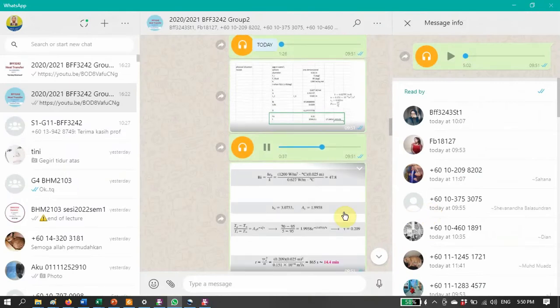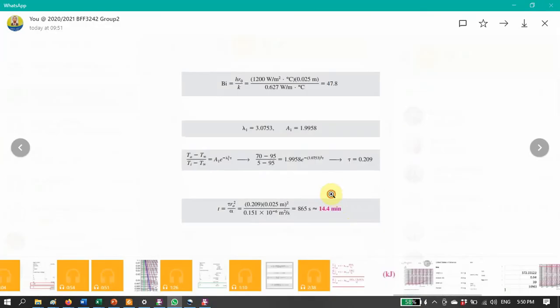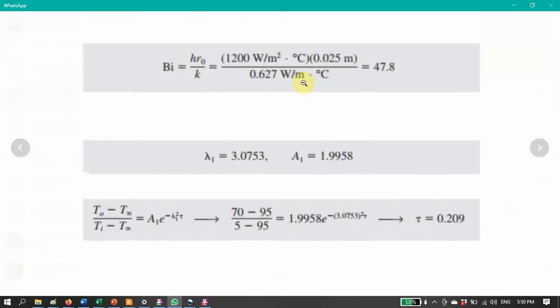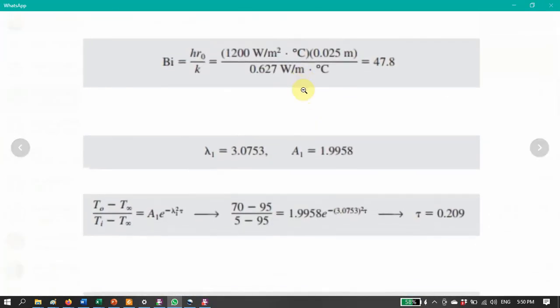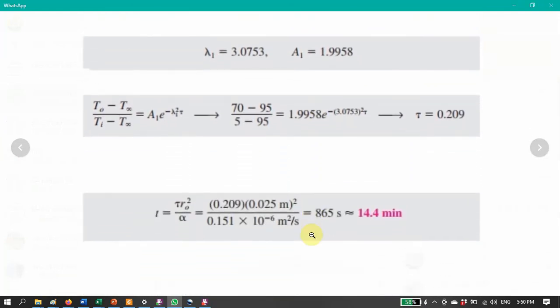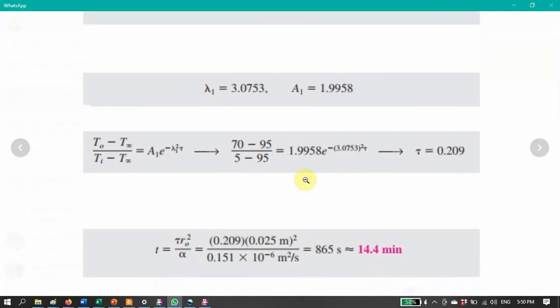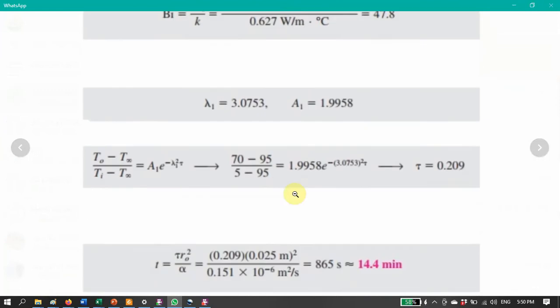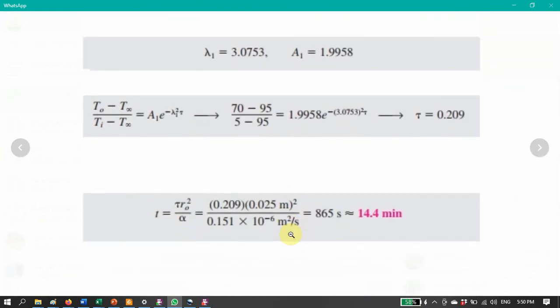I also mentioned the equation that I use for the Fourier number definition: thermal diffusivity times the time period from dipping the egg at t equal to 0 until it reached 70 degrees Celsius at the midpoint.